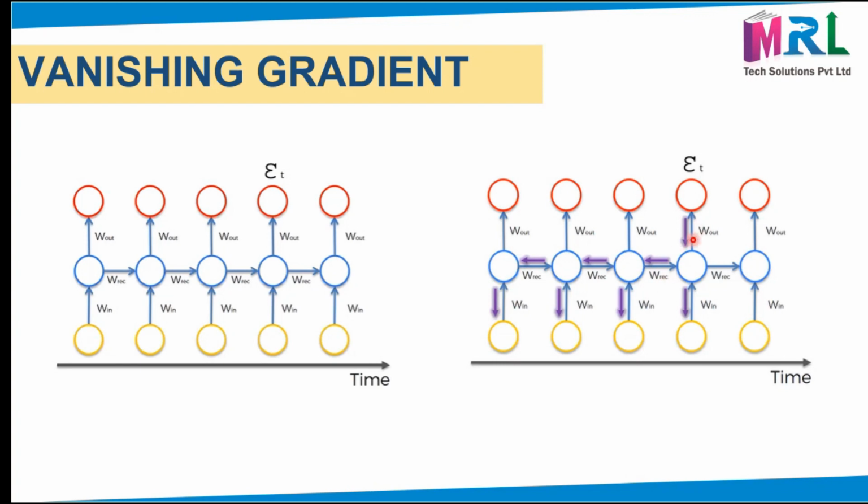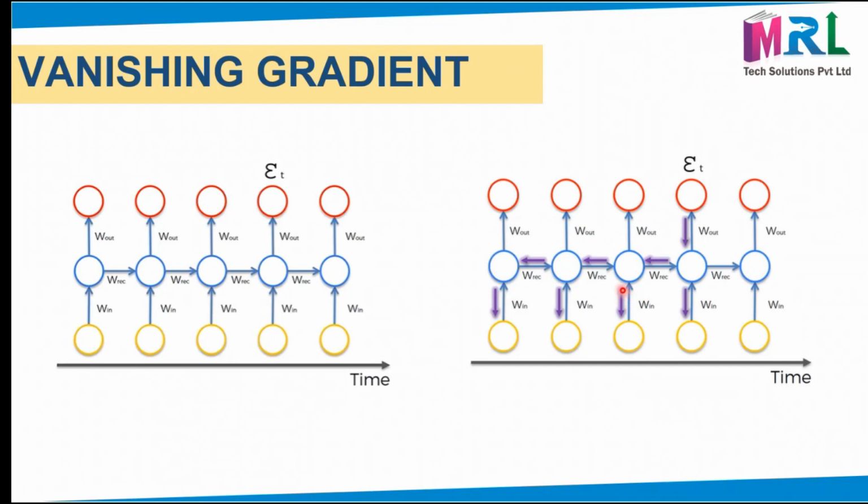Initially the weight is high, and then gradually it becomes less and less and less. Okay, when you multiply by a small value with the weightage, the w rec here, that is the feedback weight, it will be very small when it moves backward, because it has to travel through all the timestamps behind that.